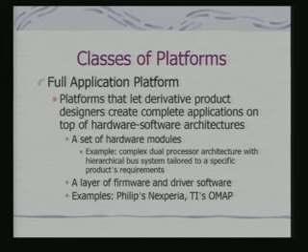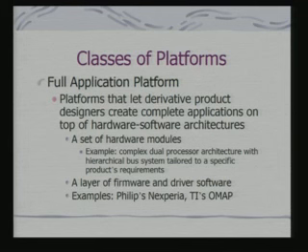And to use that hardware, a layer of firmware and driver software are provided. Philips Nexperia and TI's OMAP are examples of full application platforms. Here the application development effectively means developing the software and maybe some add-on hardware on top of the platform that has been provided.